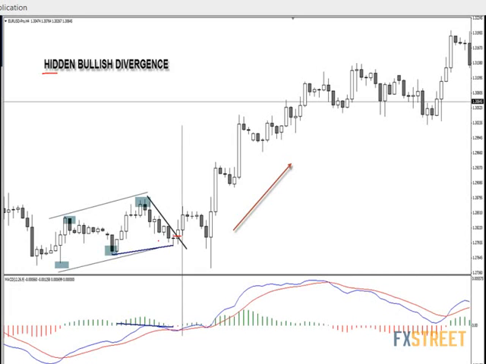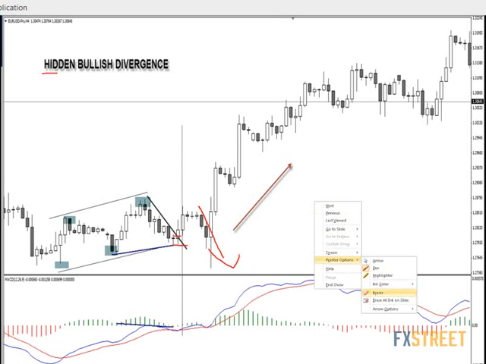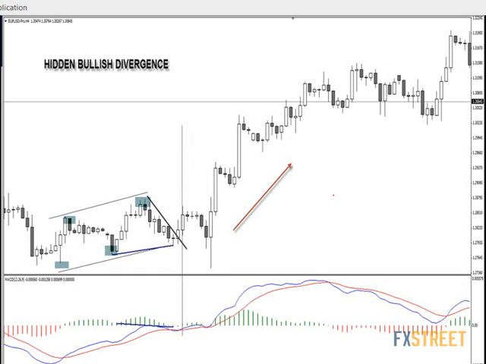So if you want to take, for example, in this trade, let's say that you want to take a short trade, but you saw a hidden bullish divergence, so you maybe won't take a long trade, but you definitely won't take a short trade. And that is what I advise. If you see hidden bullish divergence on 1 hour time frame, and you want to basically go counter trend, don't do it.